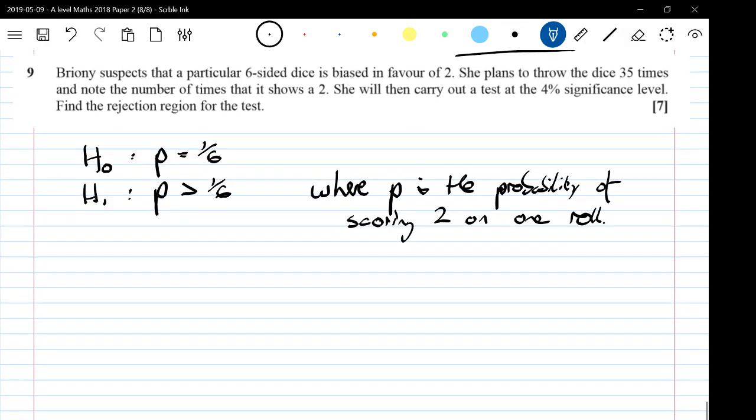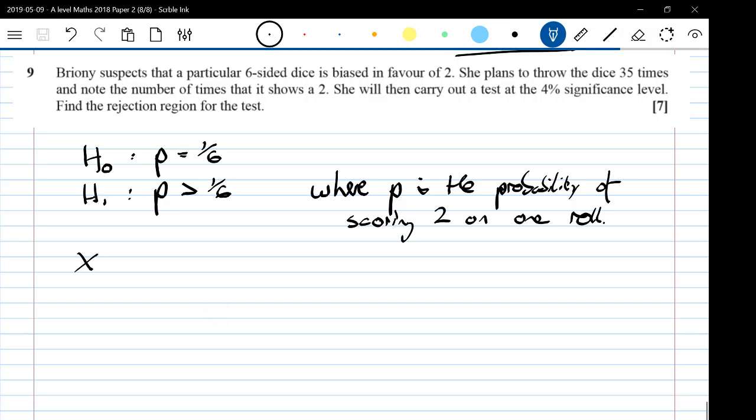Right. The next thing, if we remember from last year what our steps are, we're now going to say that X is going to be the number of 2s, because that's what she's going to count, isn't it?